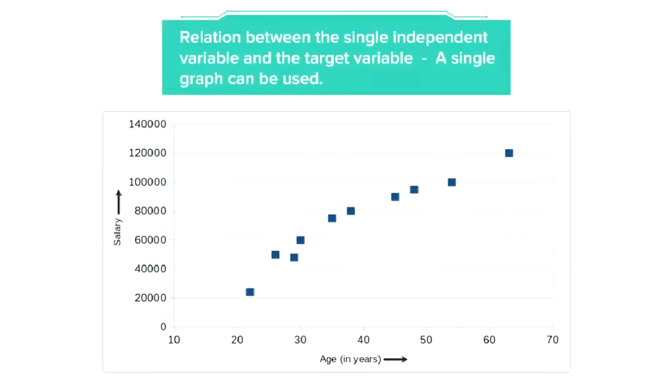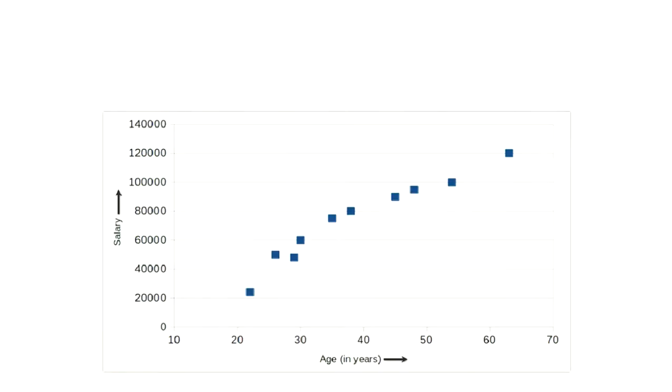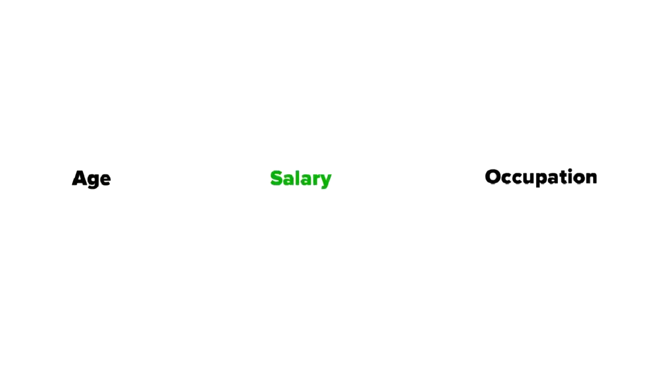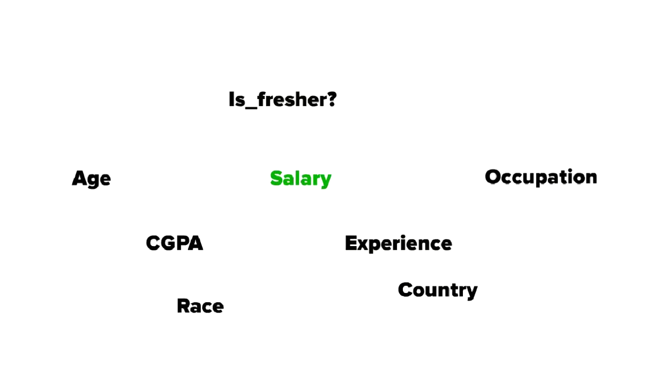When we had one variable, visualization of the target and the independent variables were easier, and we visualized the relationship between that variable and the target variable using a single graph. Now, when we have two variables, visualizing the combined effect of these variables on the target variable will not be easy, as it will be a three-dimensional graph. Now imagine what would be the case when we have things like CGPA, country of residence, experience, and more.